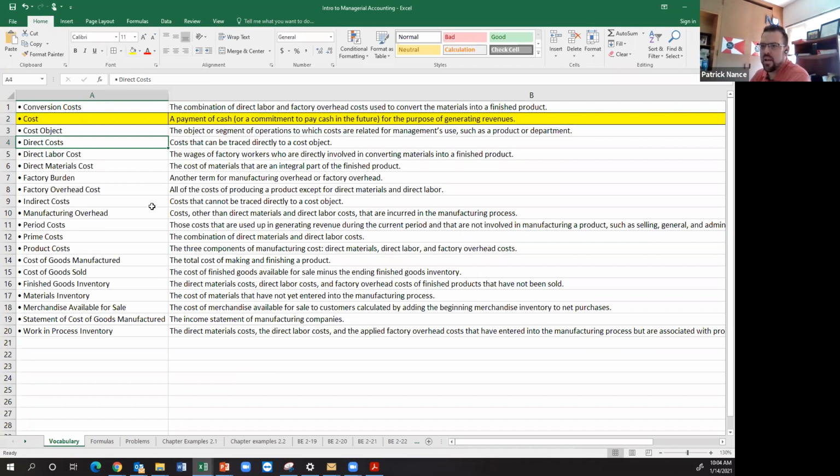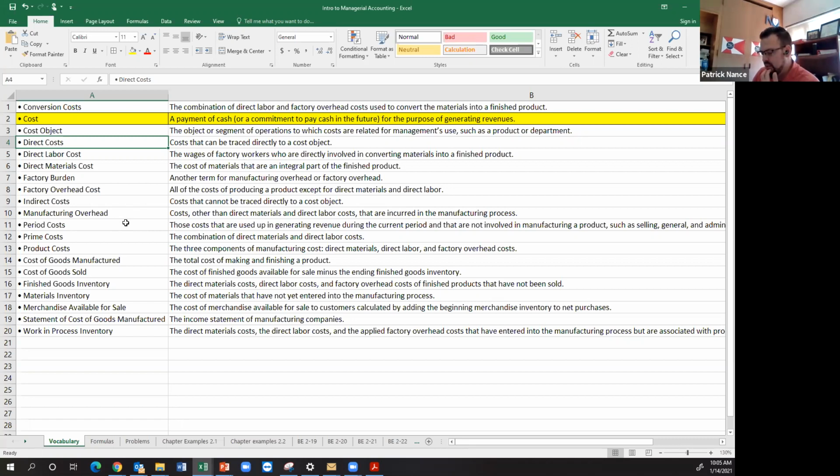So it's got to be something we're buying in order to generate revenues. So it doesn't count if it's something external that doesn't have to do with generating revenues. And that usually goes back to whatever the business is in the business of doing, whatever their revenue stream is and wherever the revenue stream actually comes from.